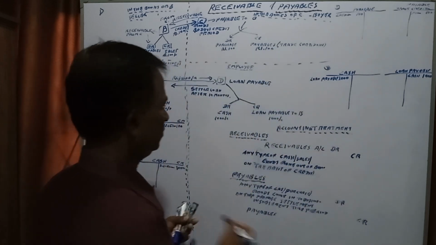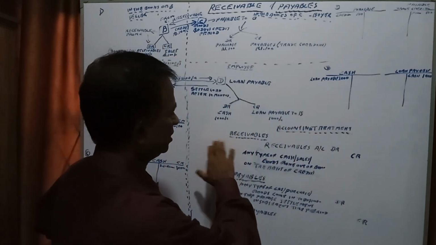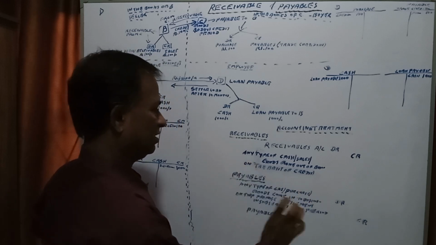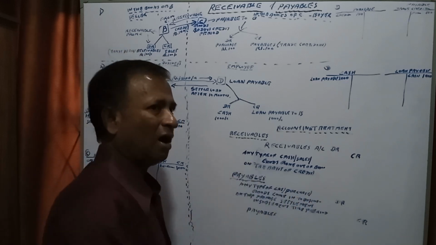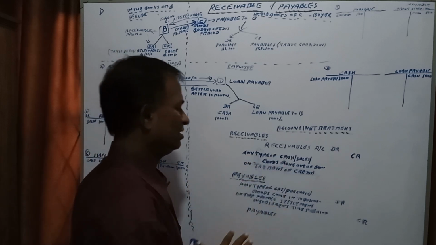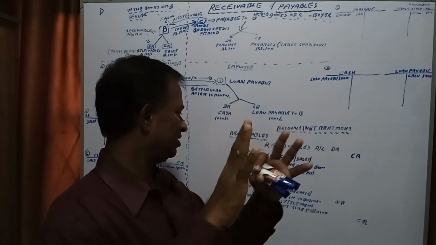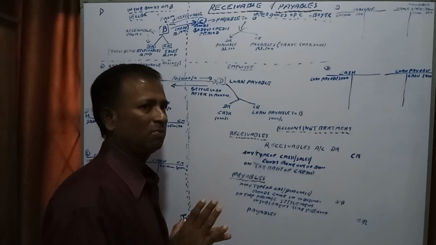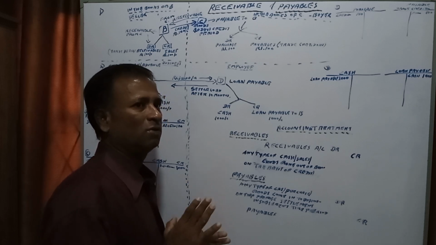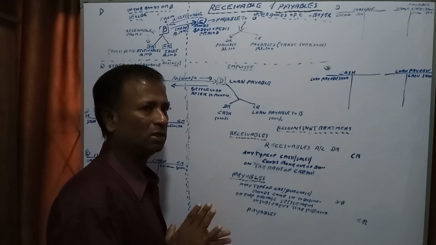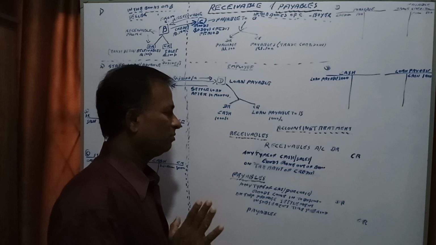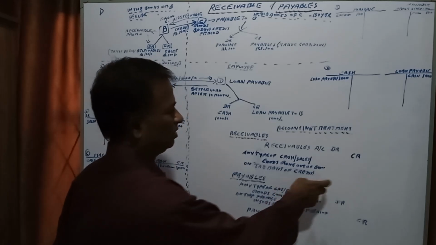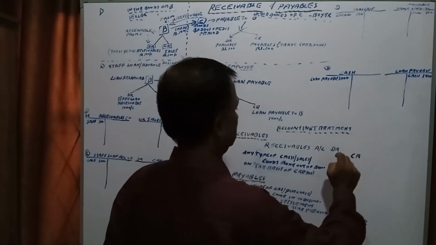If we explain it in such a way, receivables: receivables account debit, any type of cash or sales or goods which have gone out of the business on the basis of credit, on the promise of settlement in a subsequent time period, that is credited.